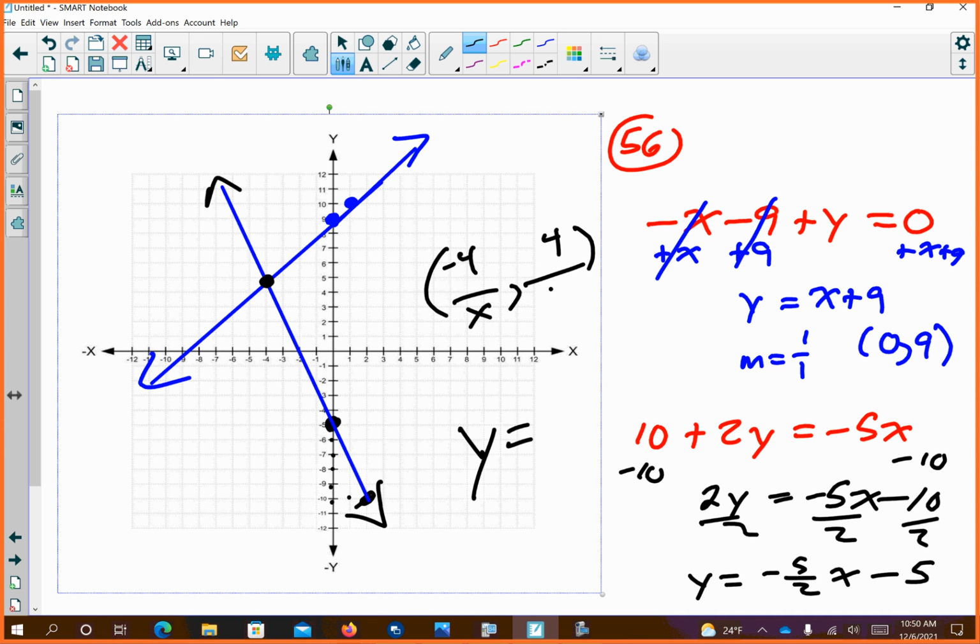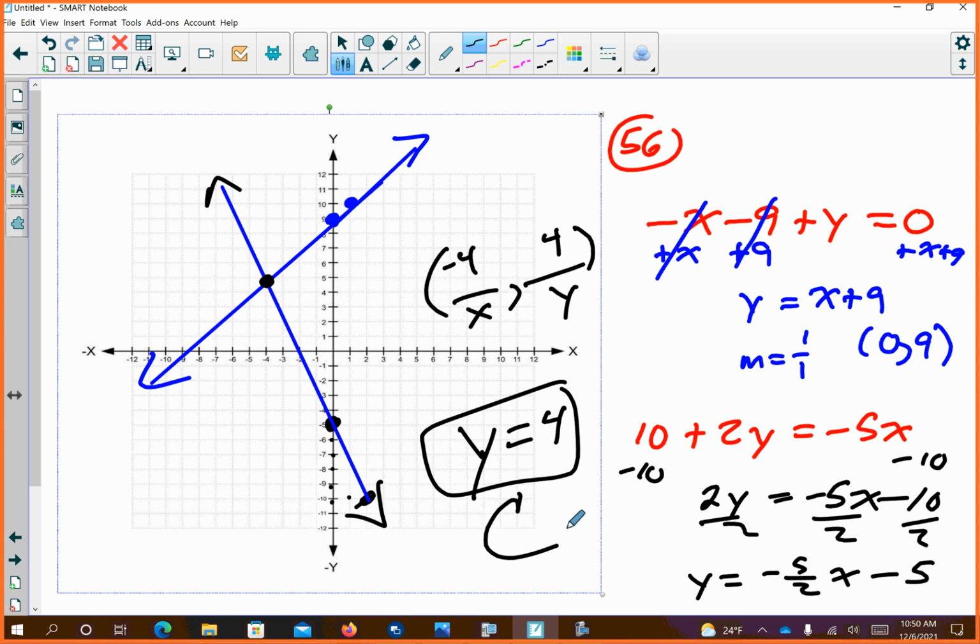So this is x, this is y, right? What's the y value? 4. So they wanted us to say that was 4, which is C. Goes there.